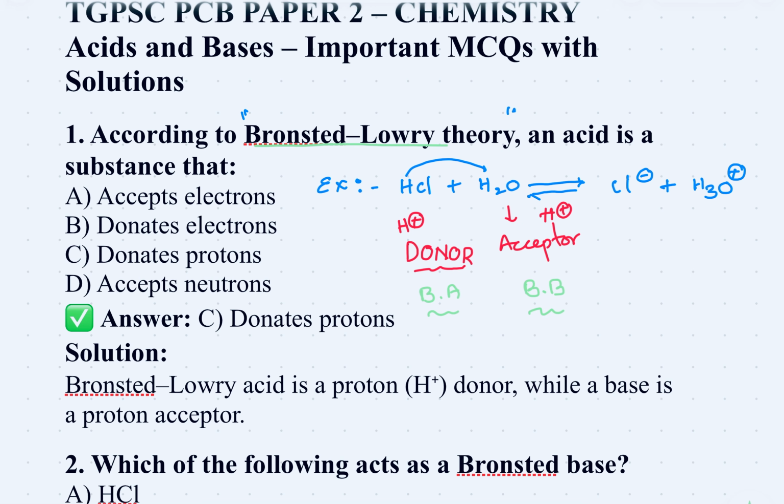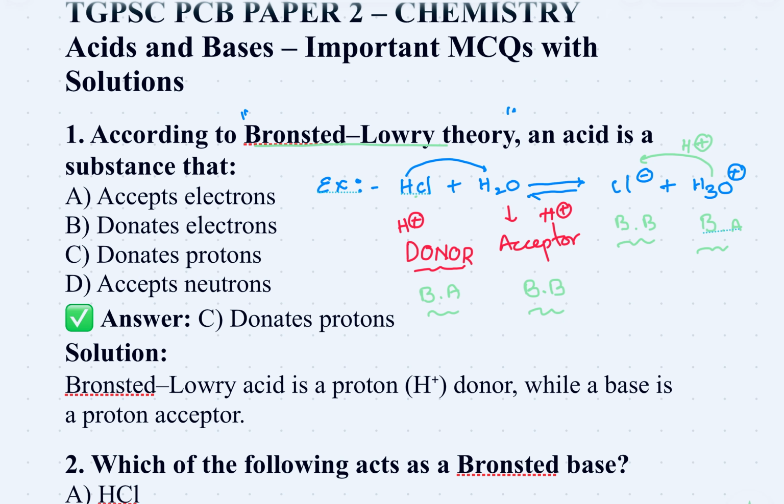Now you can take the reversible reaction. Cl minus is again ready to accept the proton H plus to become HCl. Therefore, this is called a Bronsted base.